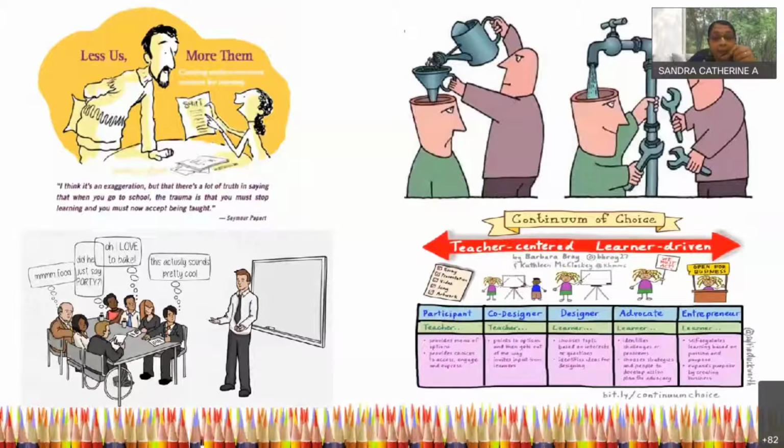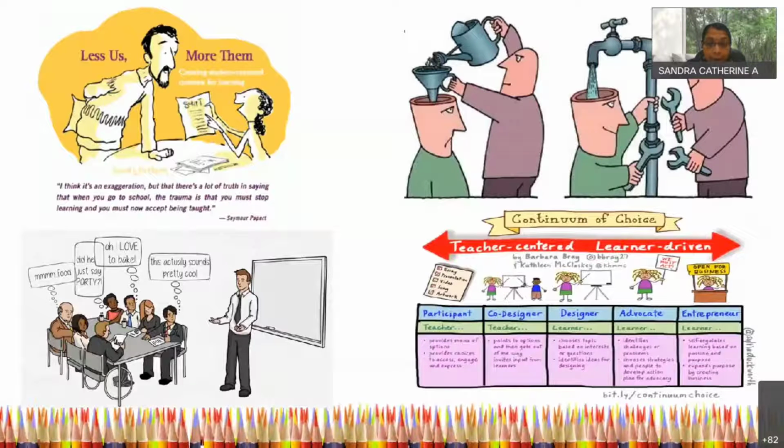And also the second picture where you can see the man pouring the water into the human brain. Instead of just spoon feeding them, we build together the knowledge with the students, and there is group discussion, changing that paradigm shift from teacher-centered to learner-driven. That's good.